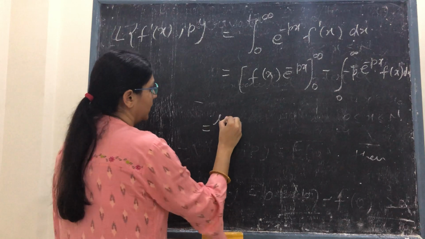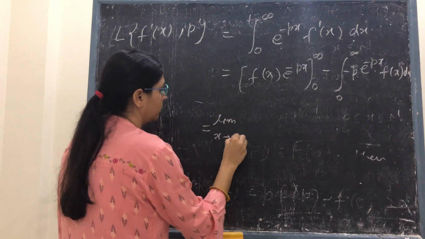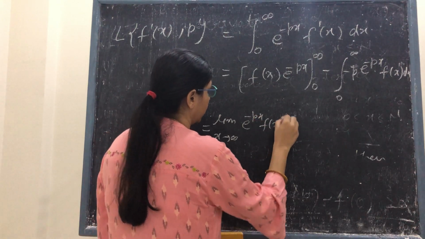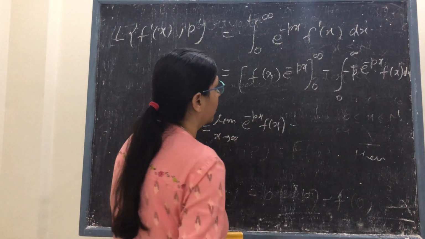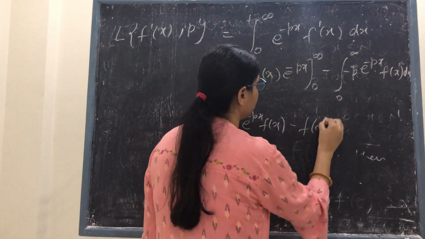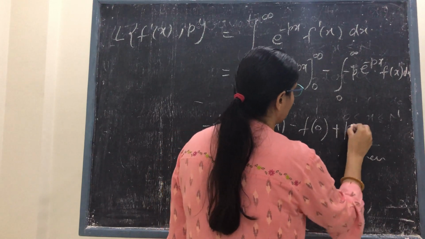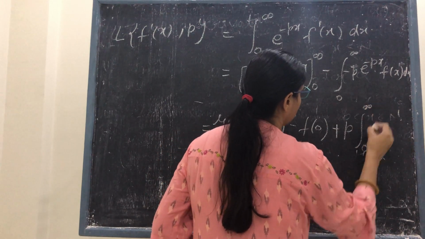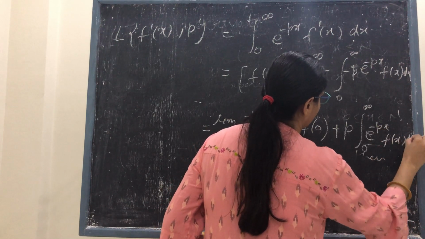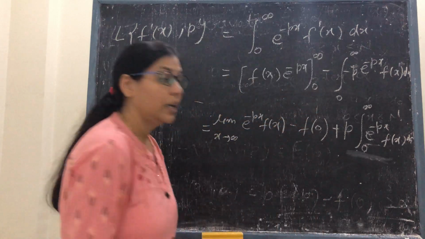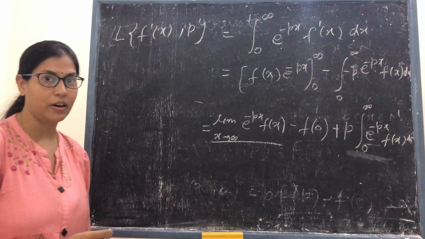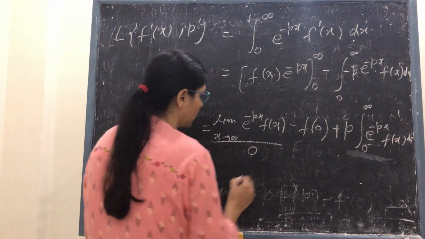Now limit x tends to infinity e raised to the power minus px f of x minus putting x equals to 0, this become 0 and this become f of 0 minus minus plus p 0 से infinity e raised to the power minus px f of x dx. Now in our assumption we have taken that the function f(x) is of exponential order alpha, so this become 0.